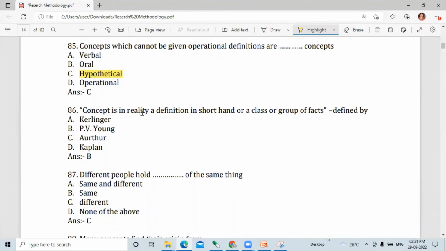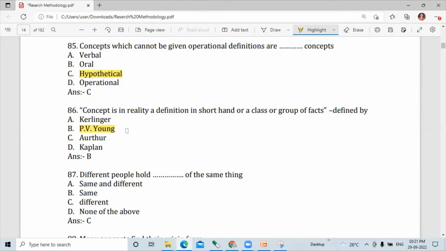Concept is in reality a definition in shorthand of a class or group of facts.